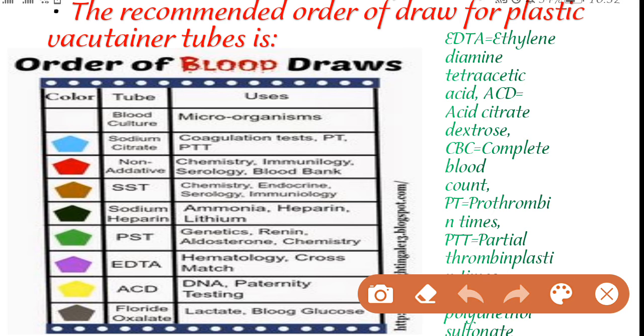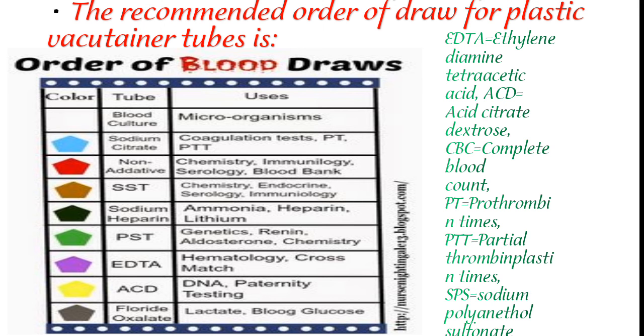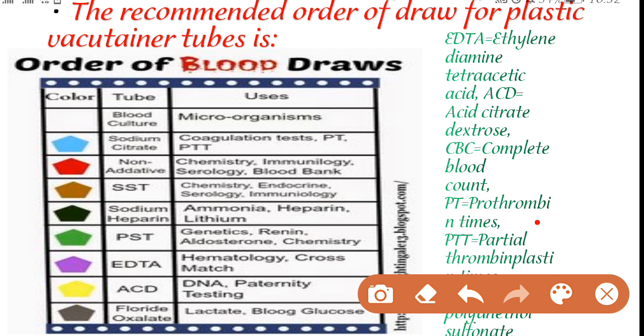Sodium citrate, in the sky blue color, is used for coagulation tests, PT and PTT: partial thromboplastin time and prothrombin time. This is the PTT and this is the PT.